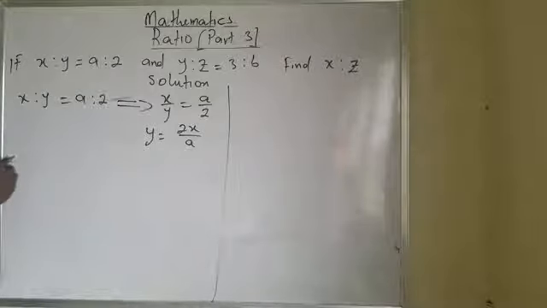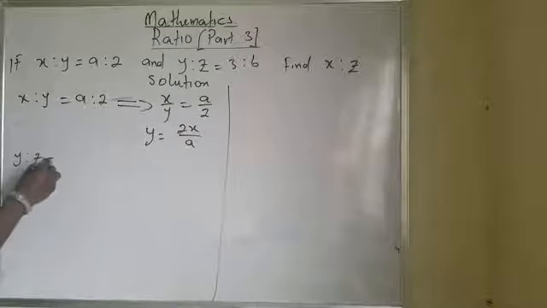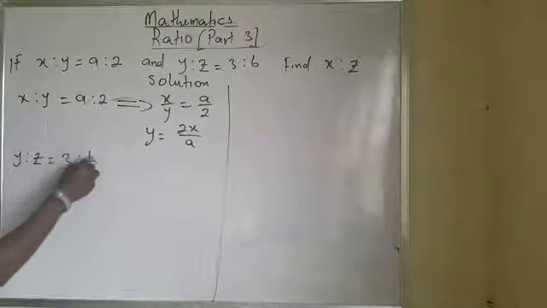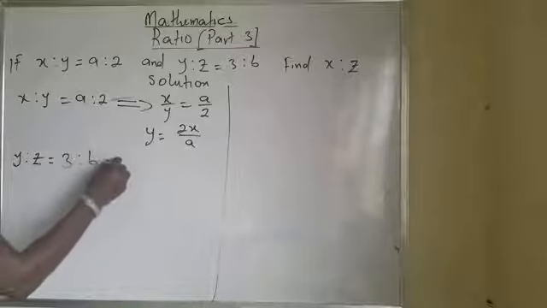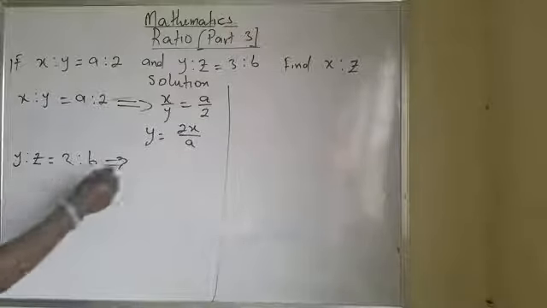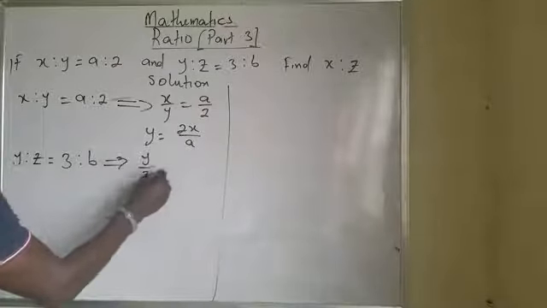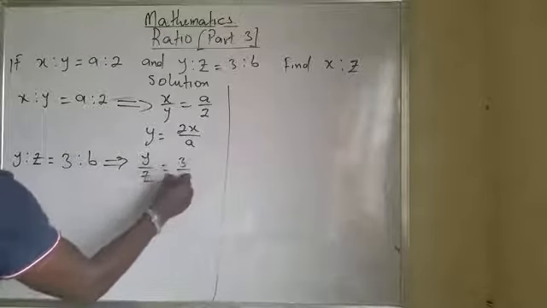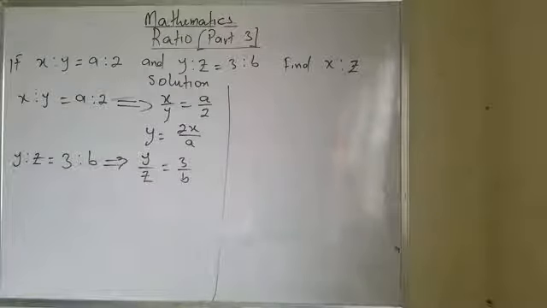Since I have that, I will also move on to the next one, which is y ratio z with 3 ratio b, which also implies y divided by z equals 3 divided by b. Now, don't forget I'm only relating with y.